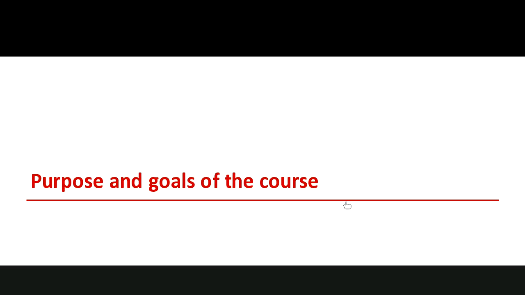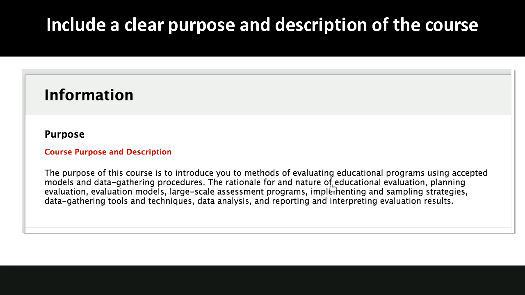But again, to segue into the purpose and goals of the course, one way to do that is to be really obvious about it. If you want to talk about what the purpose of the course is, add into your information area, or into your first module somewhere, just tell them what you think the purpose of the course is.